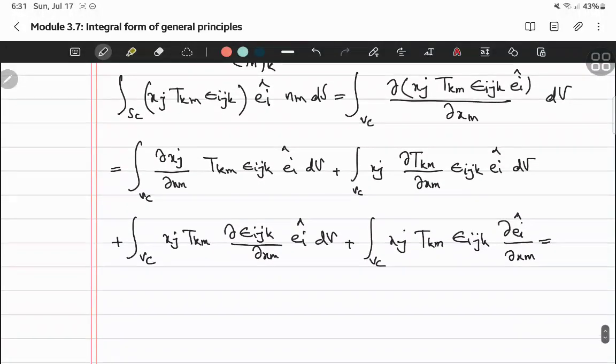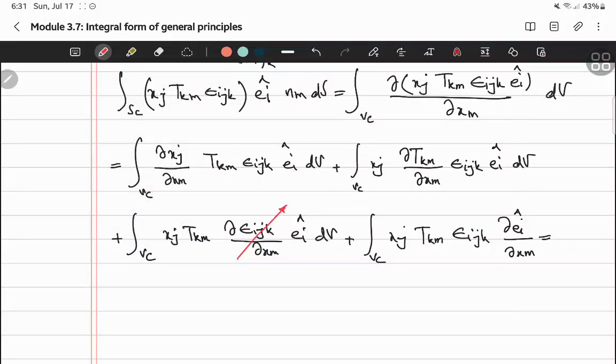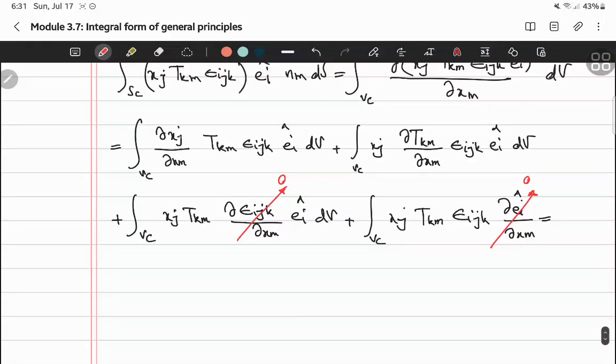This is a constant value, either 0, minus 1, or plus 1, so this is 0, and this is also 0 because it is a constant value. This one here, we already know from the first module, is delta jm. It is equal to 1 when j is equal to m, otherwise it is 0.